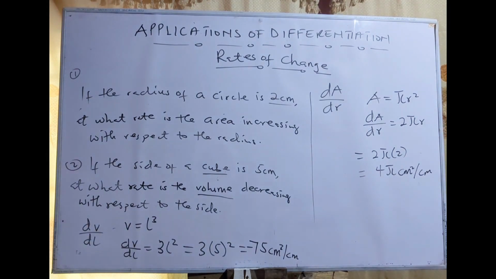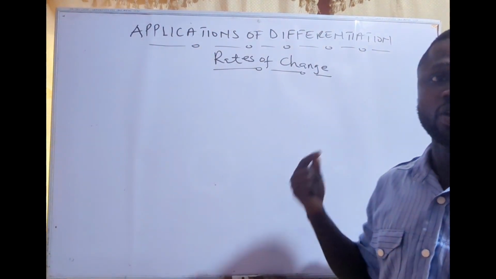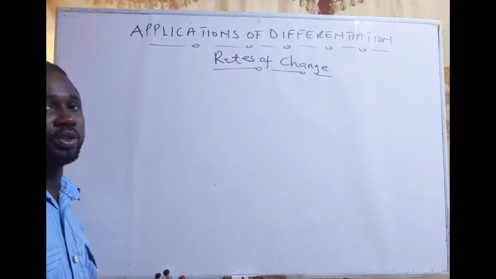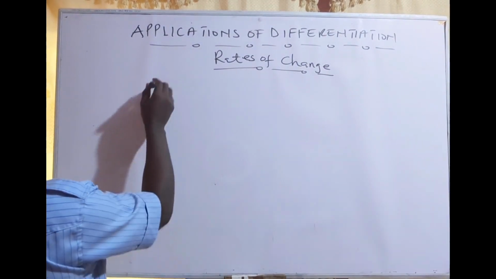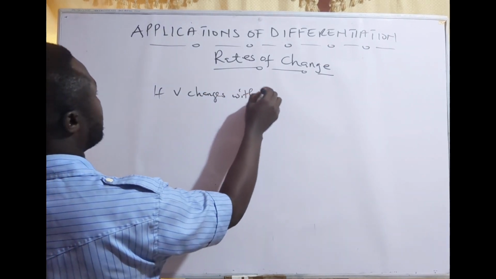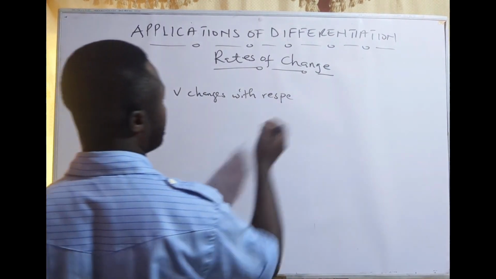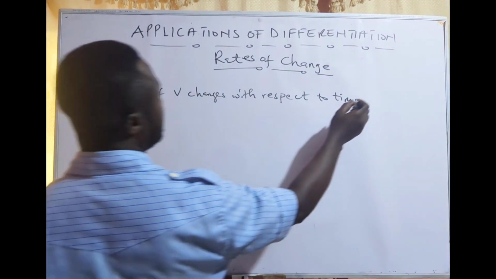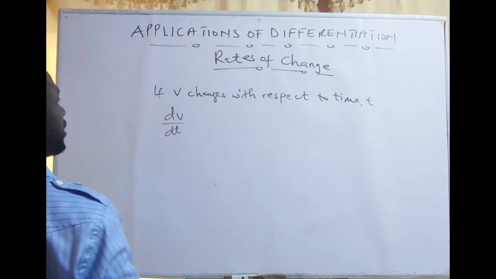Okay, if the rate of change is with respect to time, as the time is t, then I can say this is dV on dt.